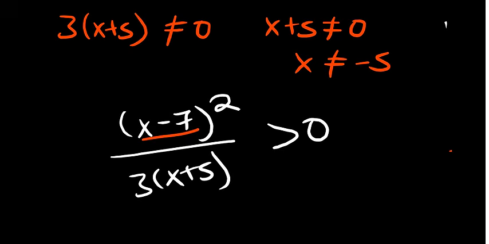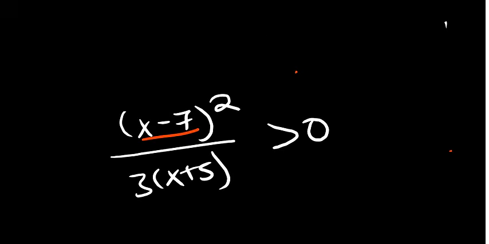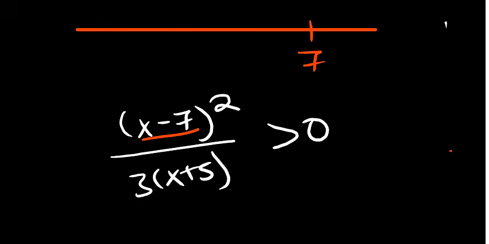So let's come up with our number line and see how this is going to come out. We are using the limit, something that is making it undefined, and the possible critical values. So our critical value is positive 7, then our limiting value is minus 5, which will make it undefined. So we can try out the values between the two.